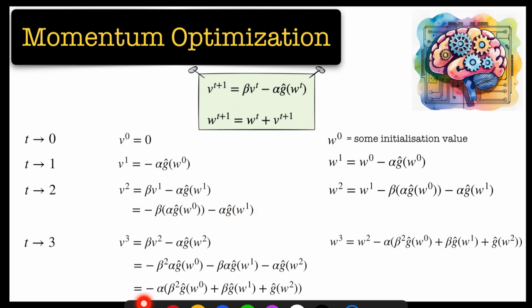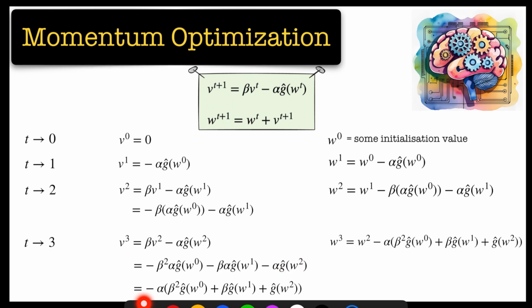Let's do this calculation once or twice more. V3 will be beta times V2 minus alpha G hat of W2. Let's just replace the values. V2 is what we had from here, so beta times this, we get minus beta square alpha G hat W0 minus beta alpha G hat W1, then minus alpha G hat W2.